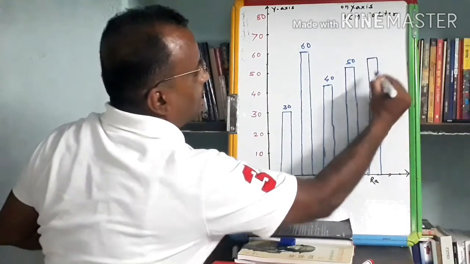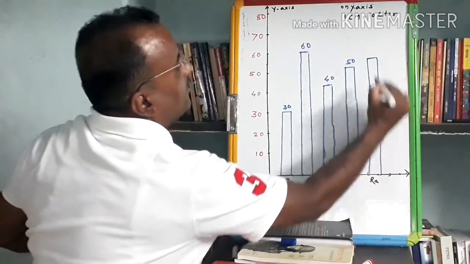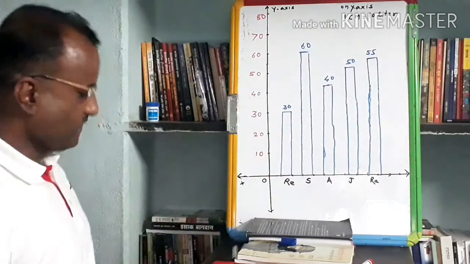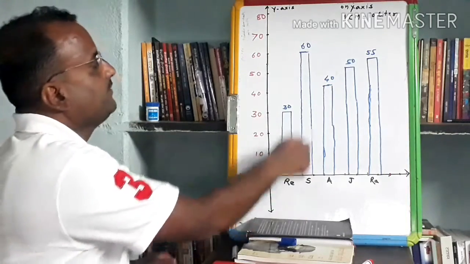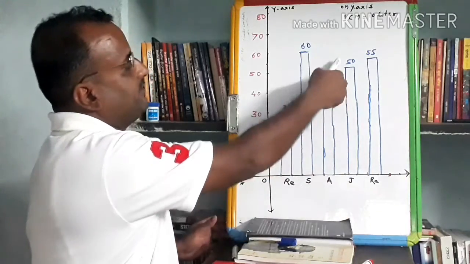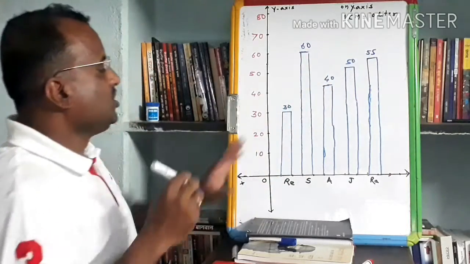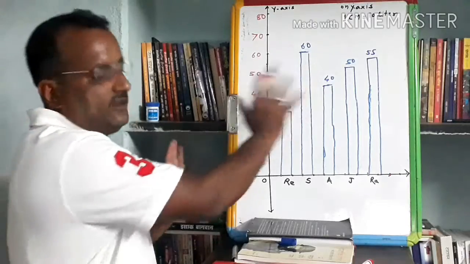So this is the bar graph of the given data. Ramesh's family 30 liters, Shobha's family 60 liters, Ayub's family 40 liters, Julie's family 50 liters, and Rahul's family 55 liters. So this is the data for the bar graph, and the bar graph is here in front.